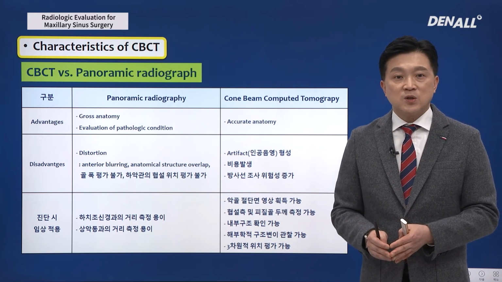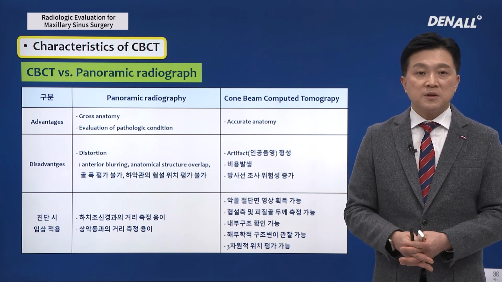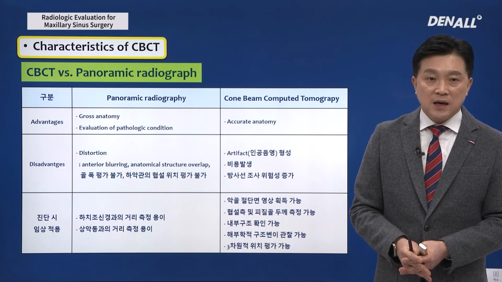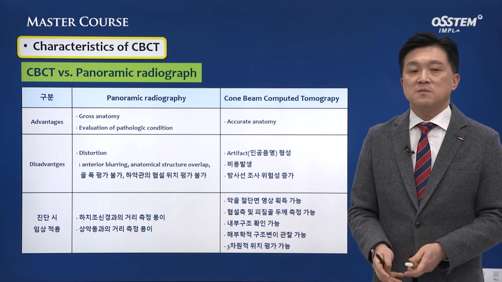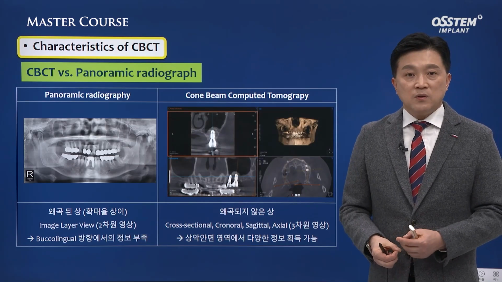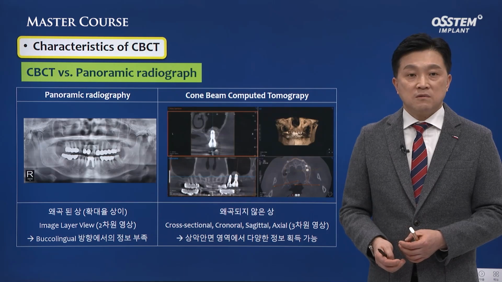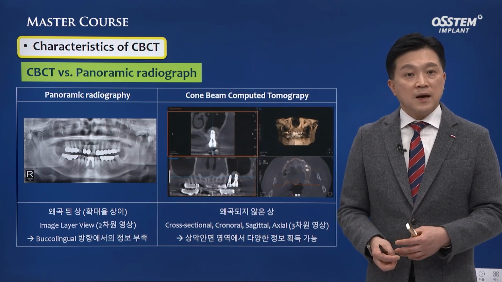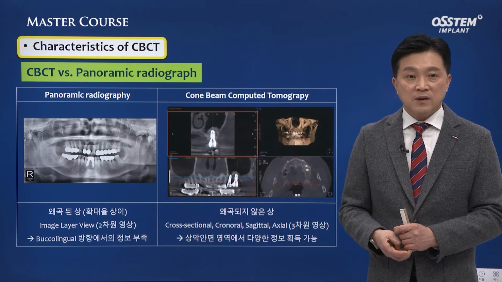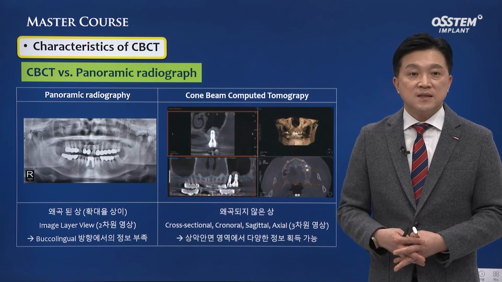However, apart from these, it can be of very good help in getting correct diagnosis compared with panoramic images. Compared with panoramic images, a CT serves as a much more useful tool for diagnosis. However, with panoramic images, you can look at the overall patient's situation and pathology.